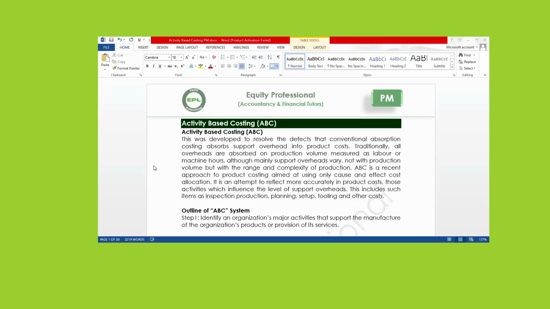Indirect material cost, indirect labor cost, and indirect expenses.